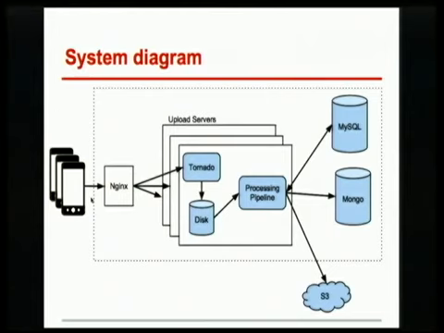We run Tornado as a front end on these boxes, and we keep it, again, super simple. The only job Tornado does is basically writing the image on the local disk. And then we run the processing pipeline that's going to store the data in MySQL, Mongo, and then we store the originals in S3. So, fairly straightforward architecture.